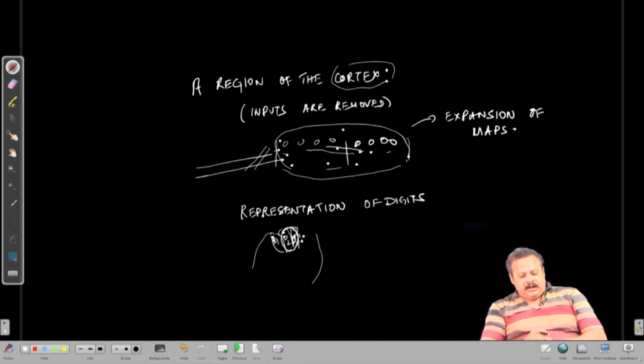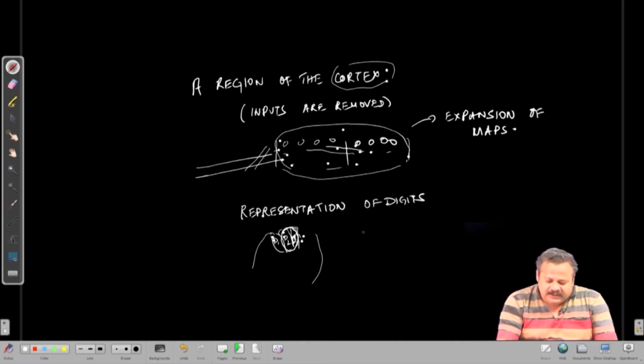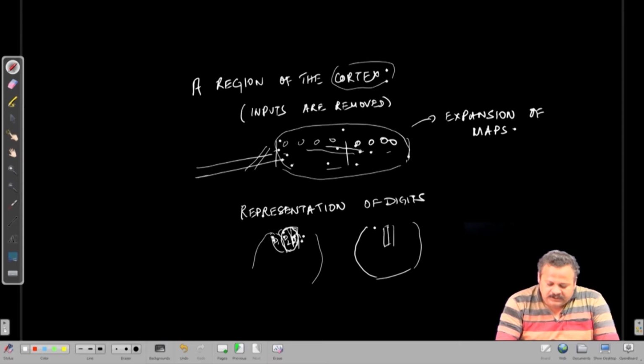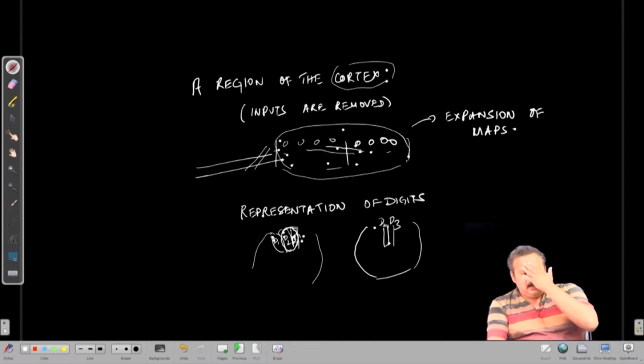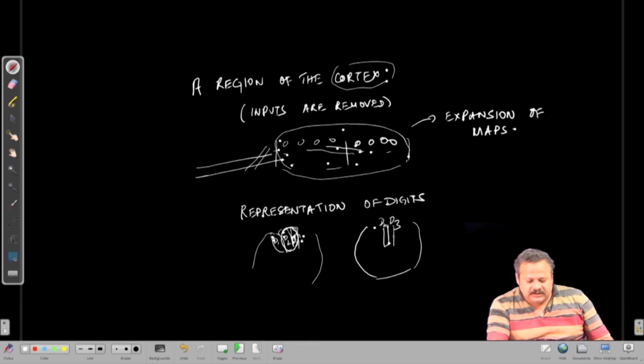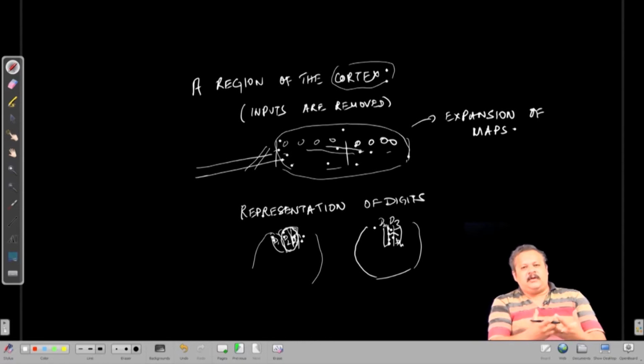Similarly, when a finger is amputated, the representation of the amputated digit changes. So, if this is our D2 and this is our D3 region, and the D3 region is cut off, then neurons from D2 and the neighboring D4 start to project into the neurons of D3 and gradually take over parts of it.